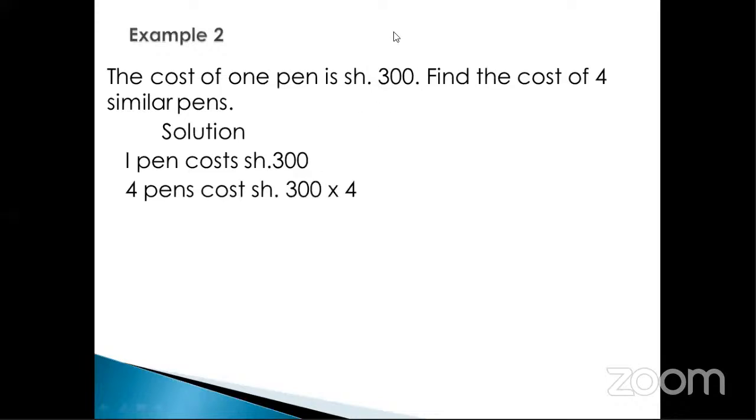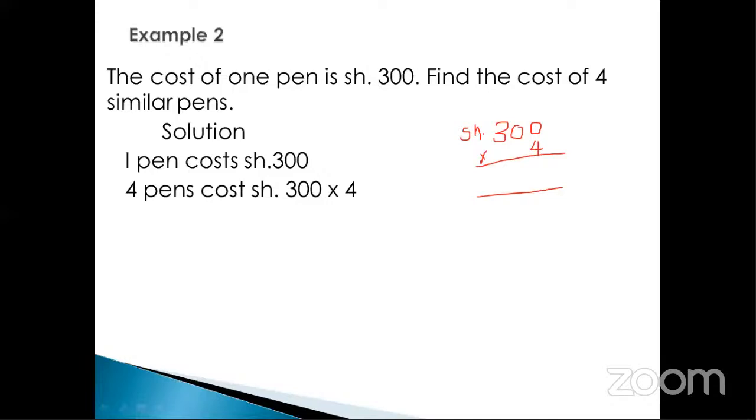This is where you can have your side work, because you are going to multiply 300 shillings times 4. We multiply it vertically like that. You arrange your work in order. Then you multiply.